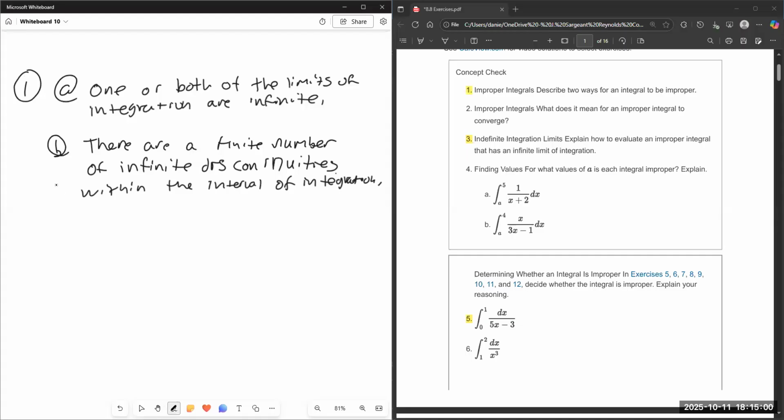Explain how to deal with an improper integral that has an infinite limit of integration. So we've got 3 cases.